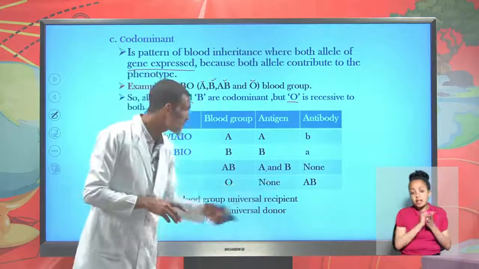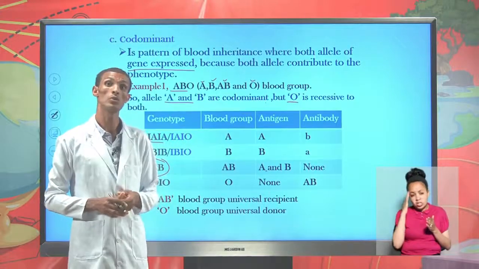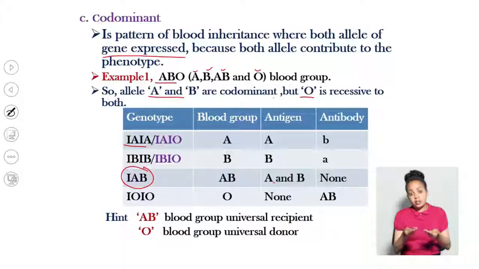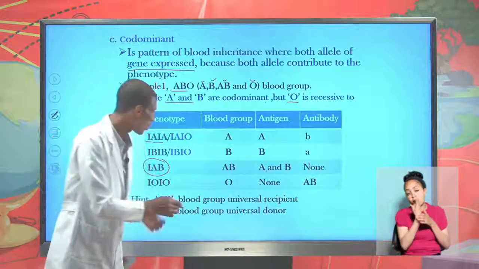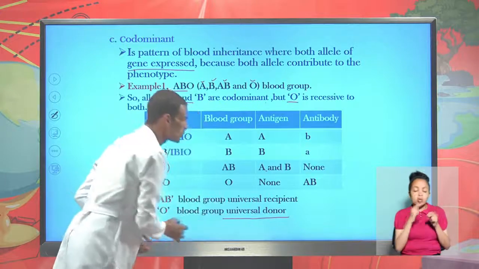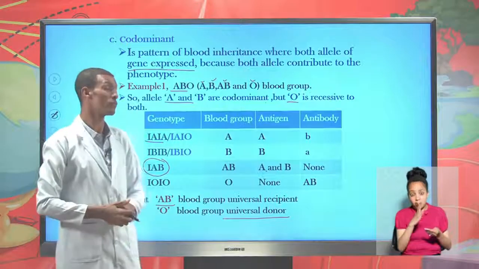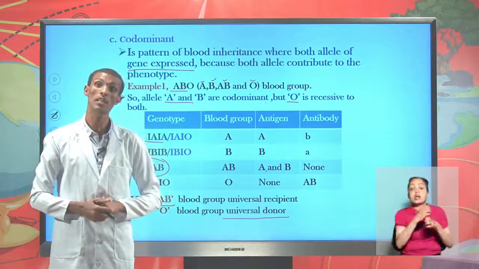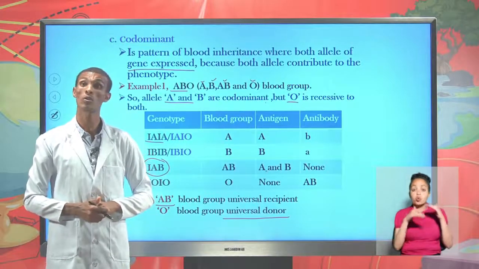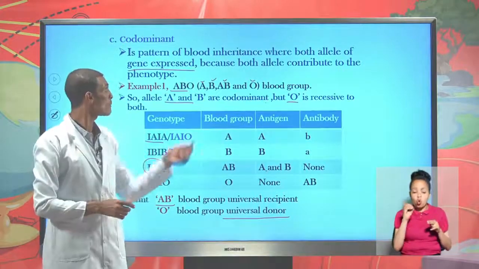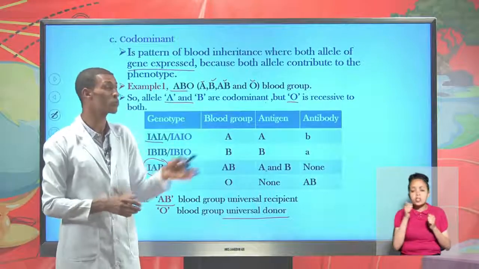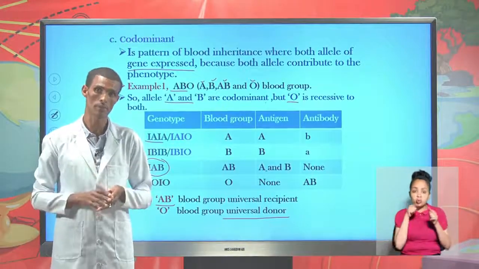By that, this individual can be considered a universal donor but can receive from O blood group only. By that, O blood group is considered the universal donor, whereas AB blood group is considered the universal recipient. Such a type of dominance is said to be codominance if both alleles contribute to the phenotype.